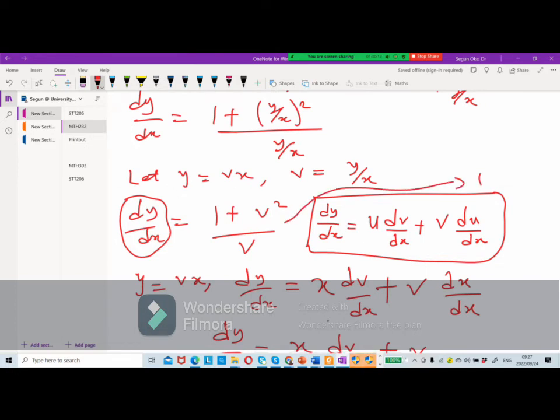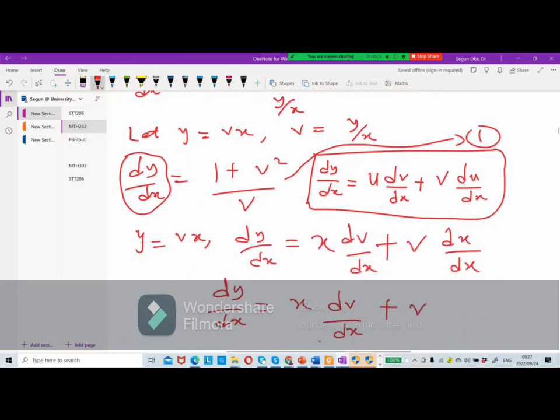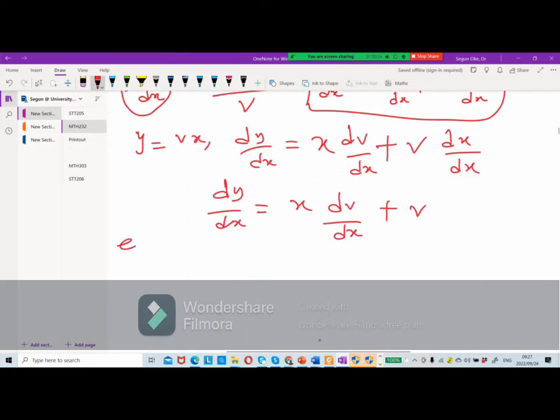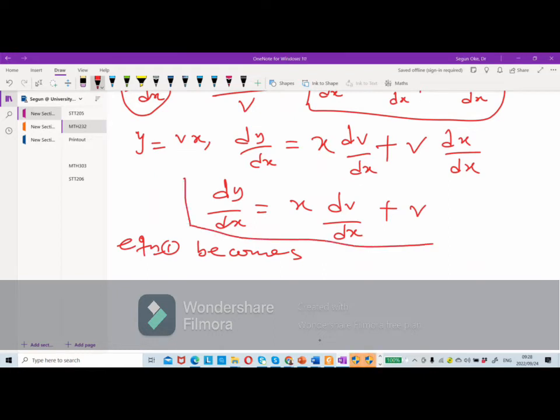This is equation 1. Then I'll substitute everything into equation 1. Don't forget. So it will now be x dv/dx plus v equals what?